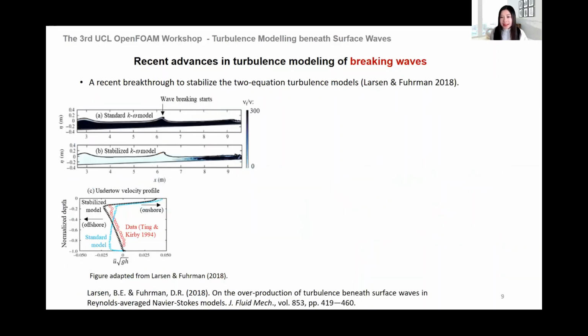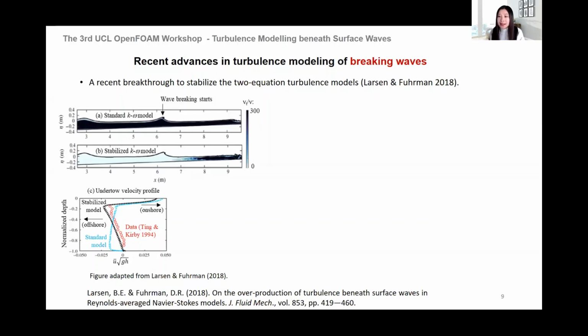It's only very recently that Larsen and Furman derived a simple and elegant method for formally stabilizing two equation models and solving this long-standing problem of overprediction before wave breaking and in the outer surf zone. So this is the zone before wave breaking, and the outer surf zone is the zone right after breaking. And closer to the shoreline is called the inner surf zone.